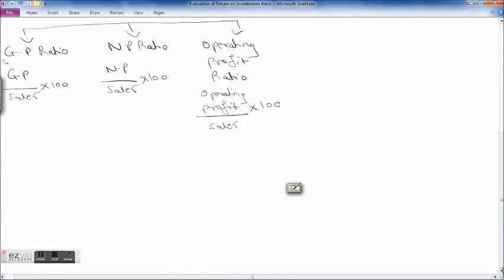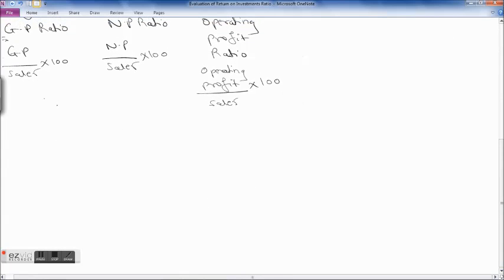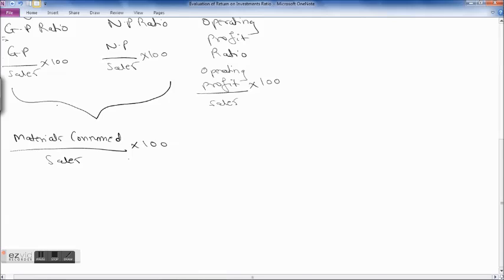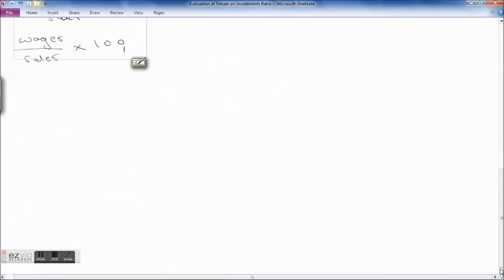Now to evaluate this gross profit and net profit ratio, what we can do is evaluate the ratio based on various expenses like materials consumed upon sales into 100, then wages upon sales into 100, then manufacturing expenses upon sales into 100.